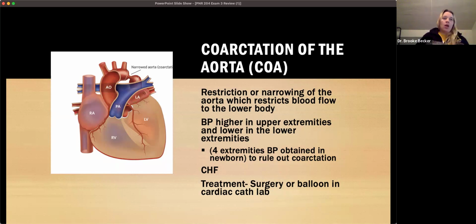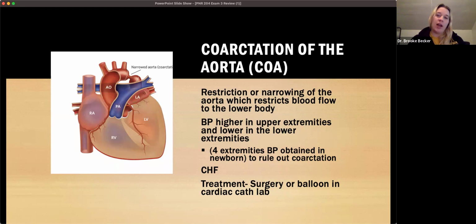Okay. So if you suspect that kids have coarctation of the aorta, you should do a blood pressure on each extremity. This is usually done in the newborn phase around 24 hours of age. I have had one kiddo that got missed.